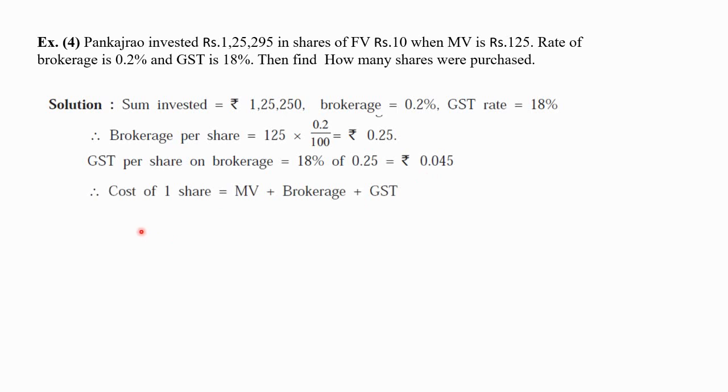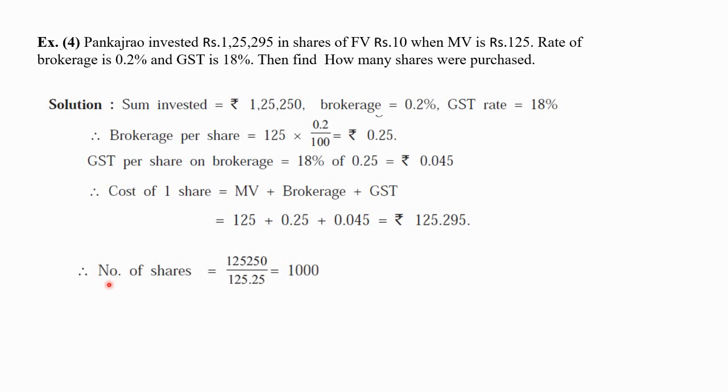So the cost of one share will be market value plus brokerage plus the GST. Market value is rupees 125, brokerage is 0.25 and GST is rupees 0.045. If we add all this up, the total cost of one share will be rupees 125.295.